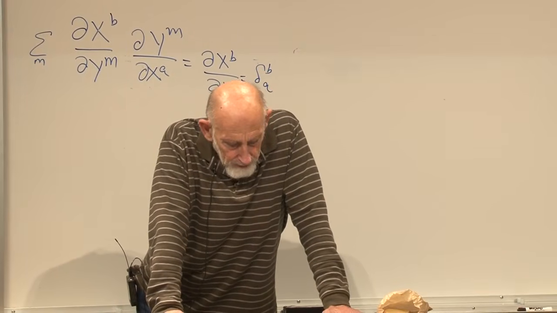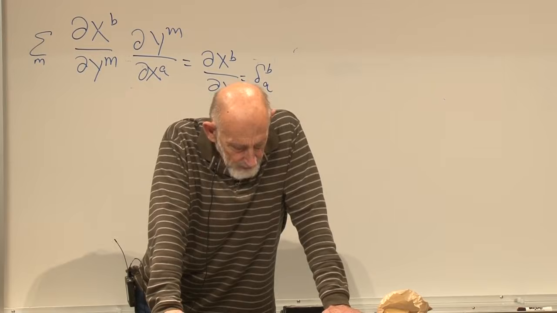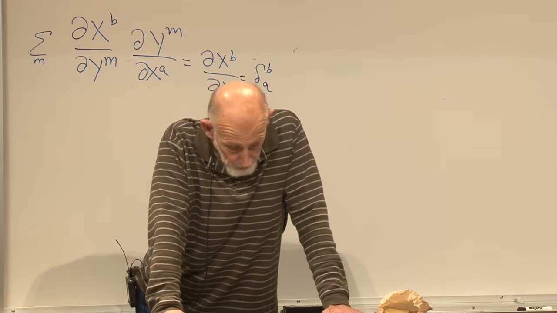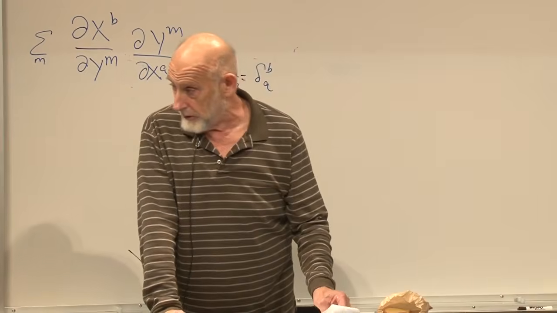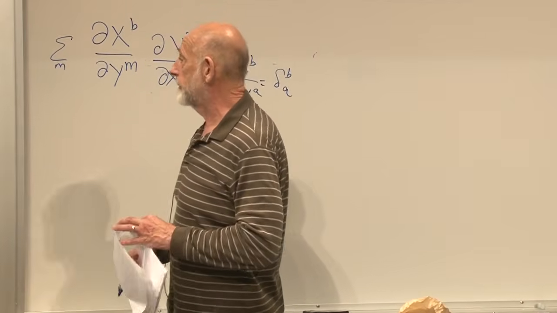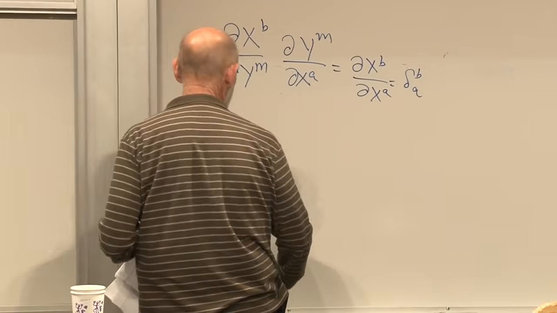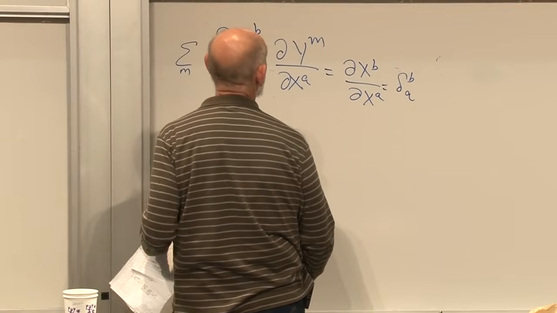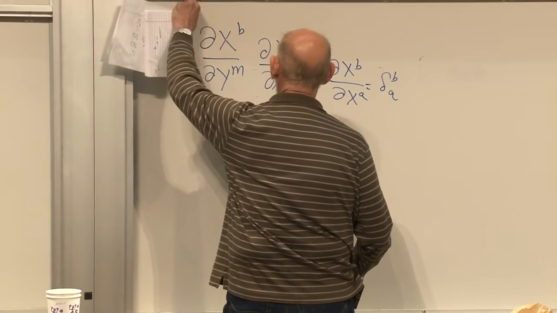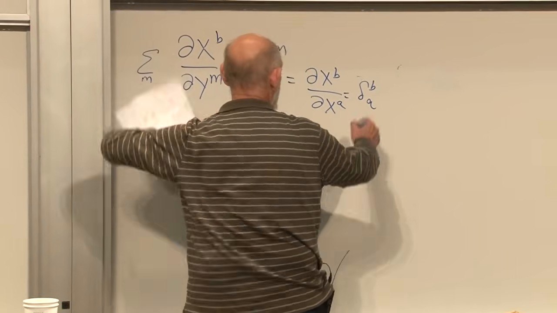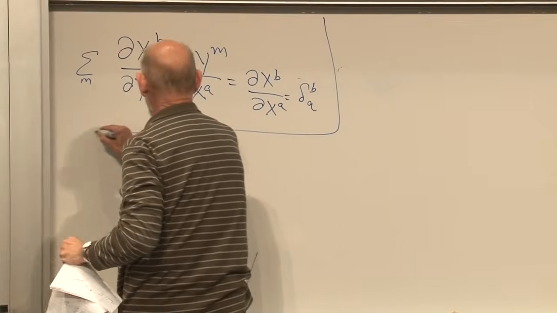Okay, that's the little lemma that we need in order to understand index contraction. So let's do an example of index contraction and then define it more generally. Darn it, I have my lemma on the blackboard that I need. Okay, let's do it over here.